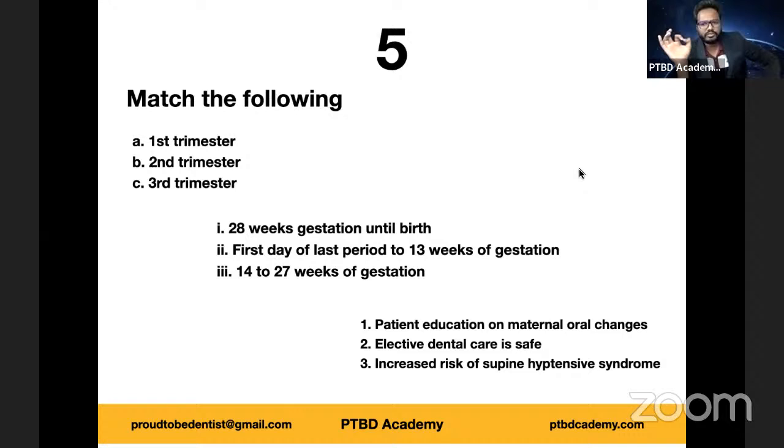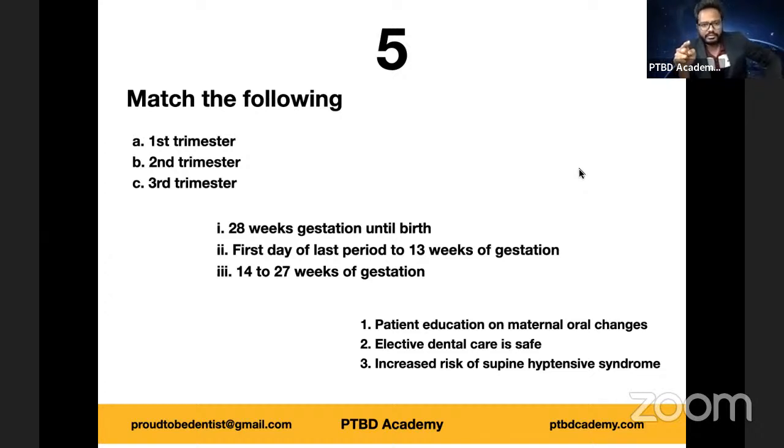That is patient education on maternal oral changes. Because first trimester, we should educate them, increase their awareness, especially about several manifestations affecting the gingiva. We have this pregnancy tumor and so many other lesions, periodontal disease, dental caries, salivary changes. So maternal oral changes is a possibility and patient education has to be done on the same.